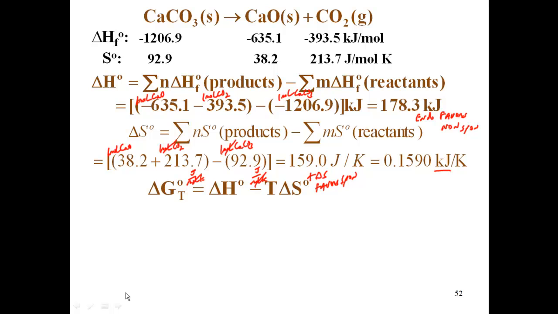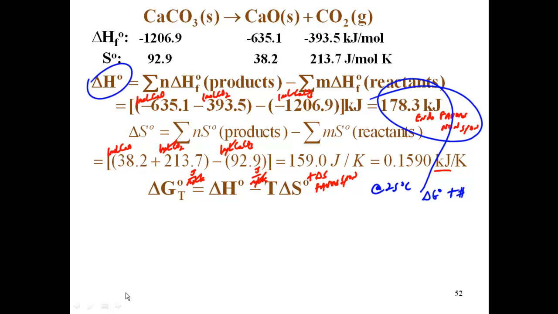Since we're talking about 25 degrees C, that's low temperature, which one of these two processes is going to rule? Is it going to be enthalpy or entropy? Well, since I'm at 25 degrees C, which is low temperature, our delta H is going to rule. Since it's favoring a non-spontaneous reaction, then we should see a delta G that is a positive number.